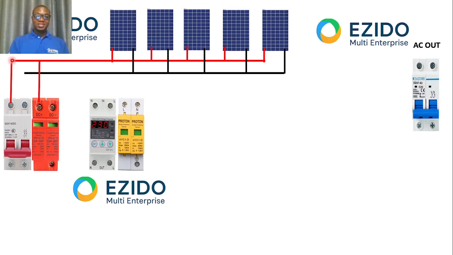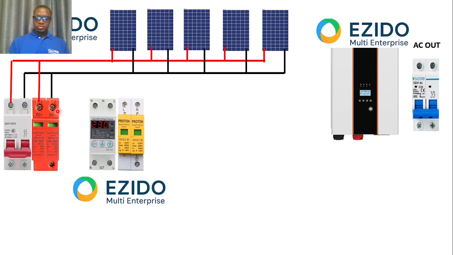So you just take the positive, connect to the first terminal of the DC breaker, and also to the DC surge protector. The same thing you also do with the negative wire. You connect the negative to the second terminal and the negative also to the negative terminal of the DC surge protector.